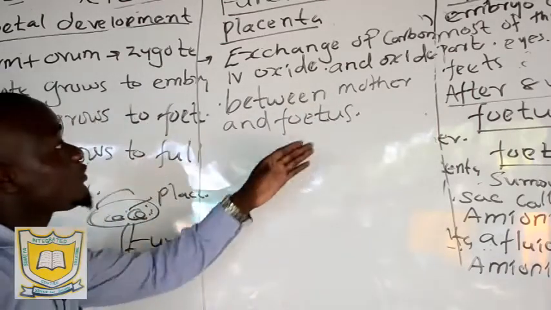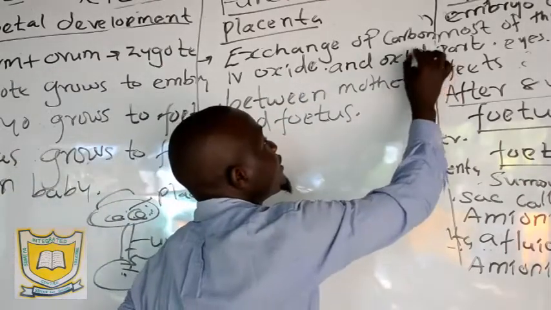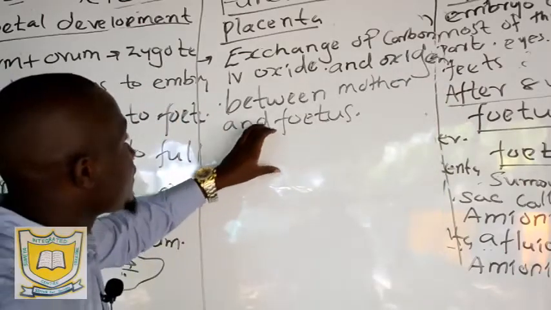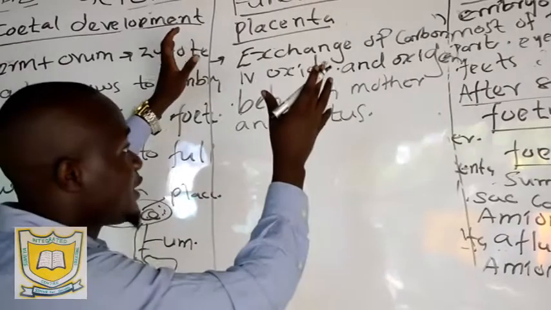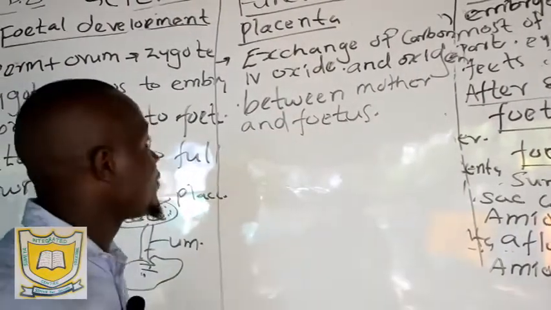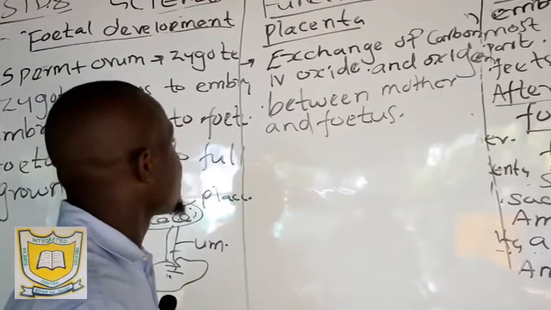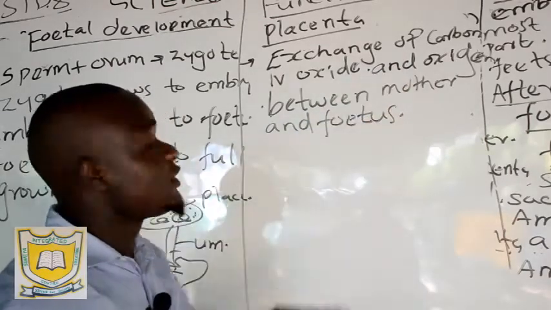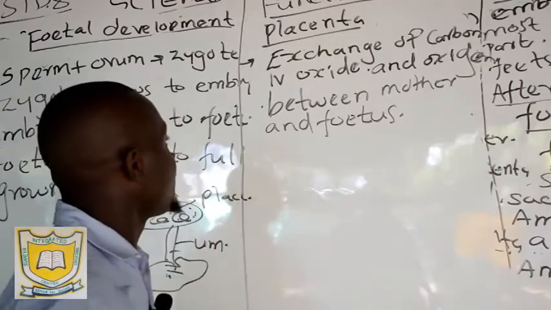When you say exchange of carbon dioxide and oxygen between mother and fetus, that means carbon dioxide is getting out of the baby to the mother, and oxygen is getting from the mother to the baby, because a baby needs oxygen for growth and also development. And we know carbon dioxide is a waste product. Now it goes from the baby to the mother.